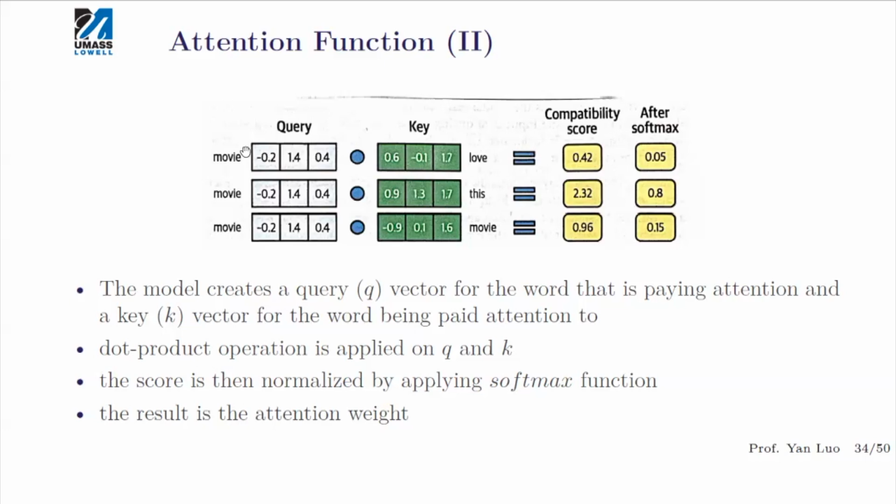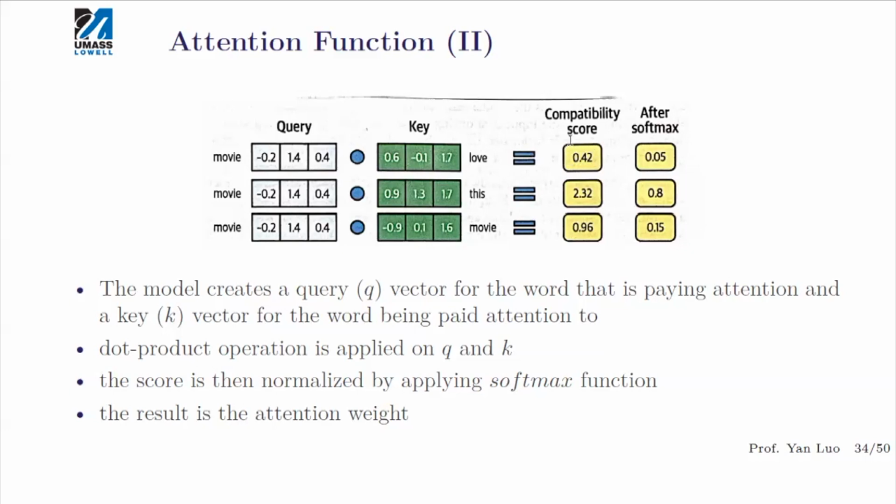For this particular example, we're using a 3-dimension vector to represent these tokens. Then we apply this dot product operation on the query and the key. So we're doing element-wise multiplication, accumulating the products. That's the dot product operation, and then we calculate a compatibility score.